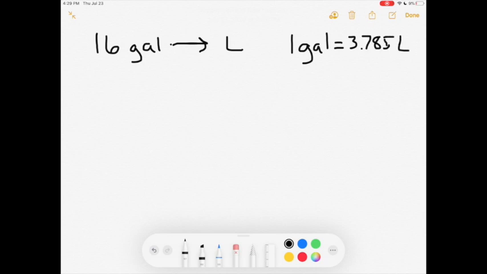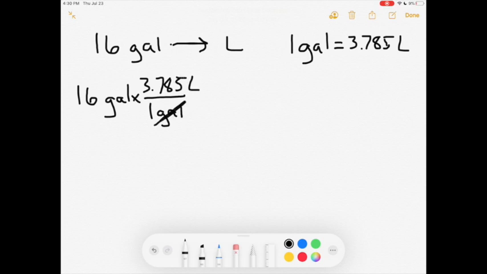We start with our given, which is 16 gallons. Then we use our conversion factor. I want gallons in the denominator, so it'll cancel, with 3.785 liters in the top. Gallons do cancel, and I get 60.56 liters. Now we need to look at significant figures.